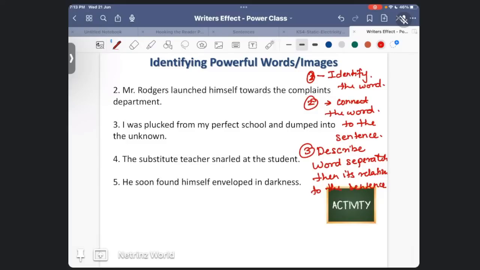Okay. Please jot these 3 steps in your book and then I would want both of you to answer the first one. I want you to write as if you're going to write in your exam. How are you going to describe the effect created by the writer? Of course, the powerful word over here is launched. Just give me a second.